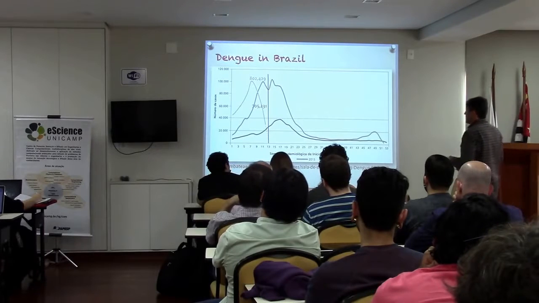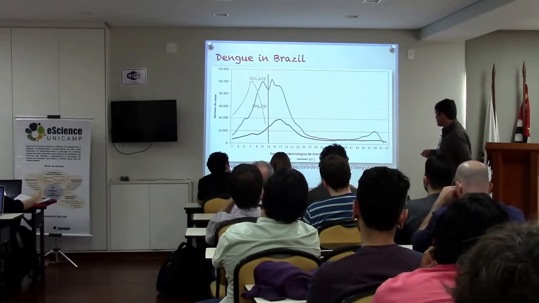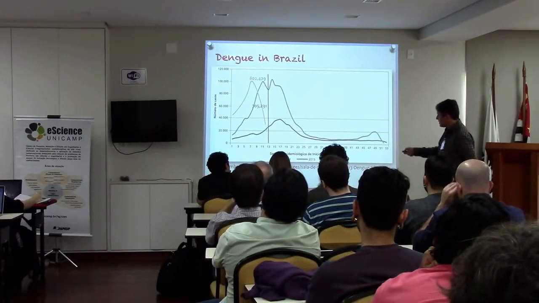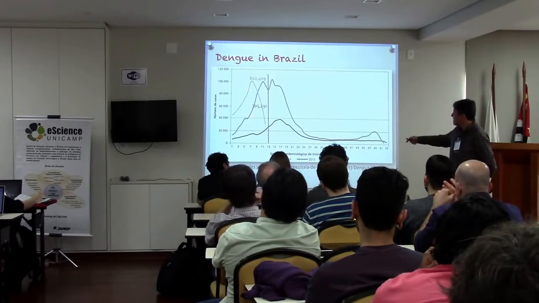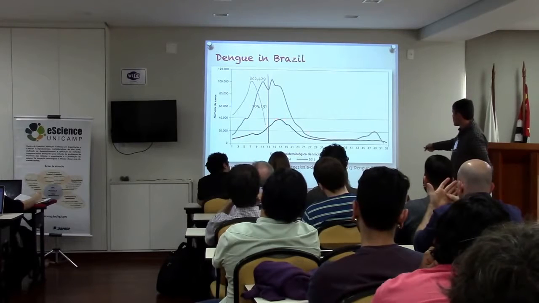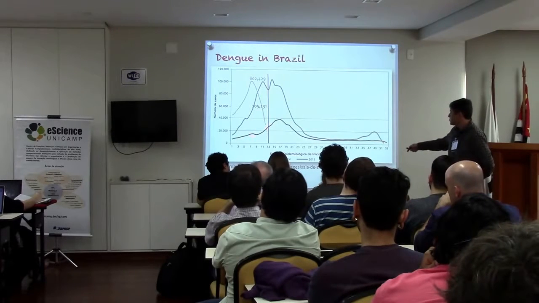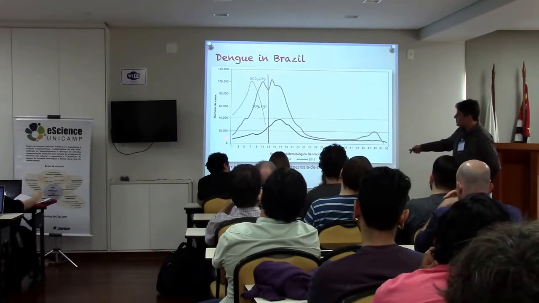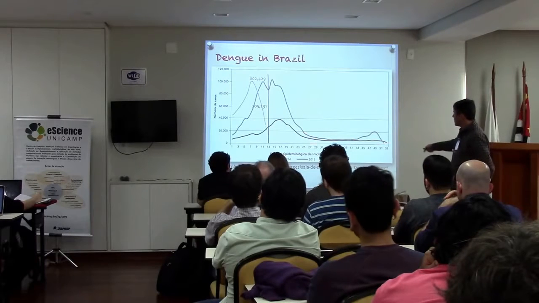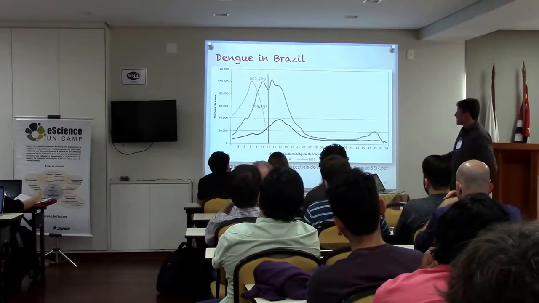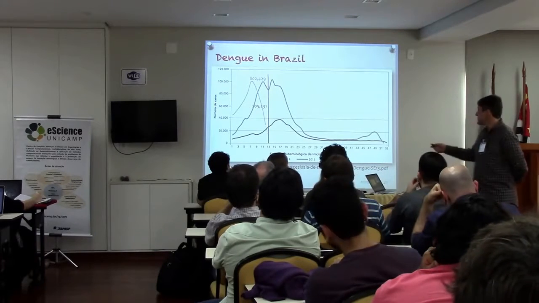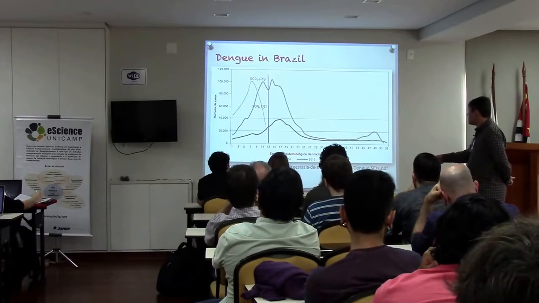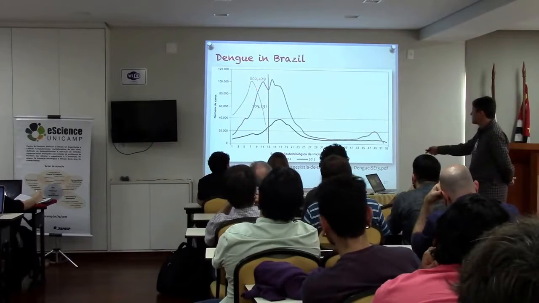What we noticed is that this here gives you the number of dengue cases in Brazil, and this dark line here is 2014. You see, it's a kind of regular thing, right? And in 2015, right before people started talking about Zika, there was a huge increase in the number of cases.